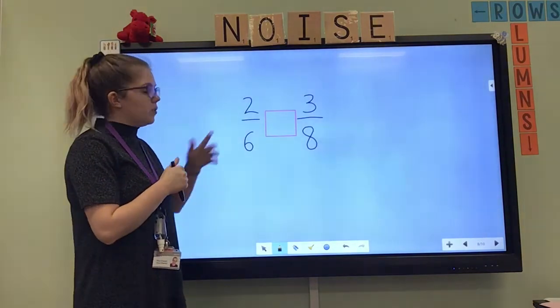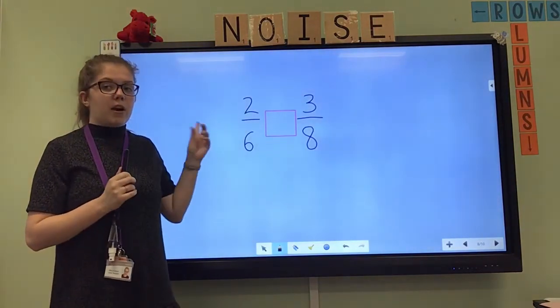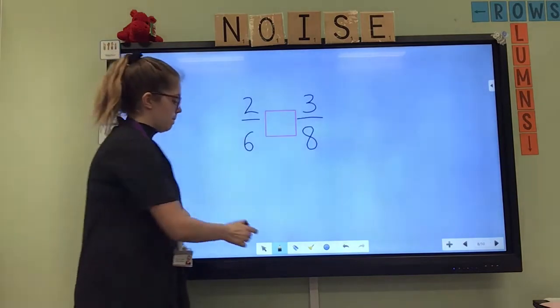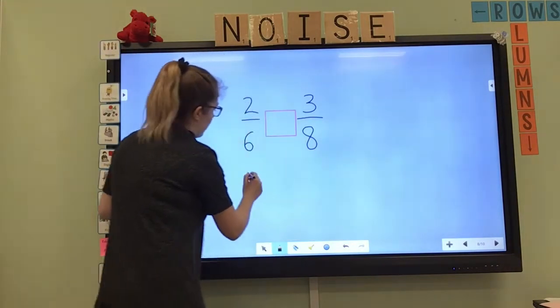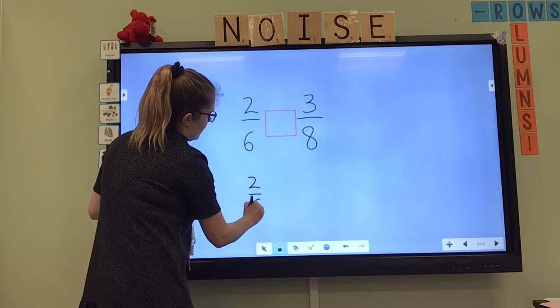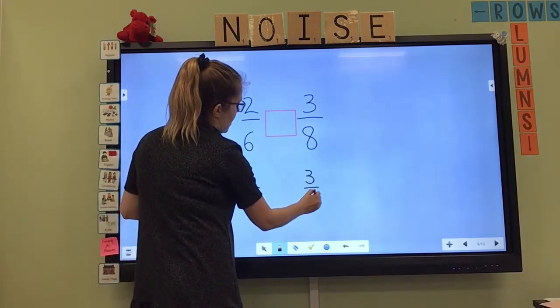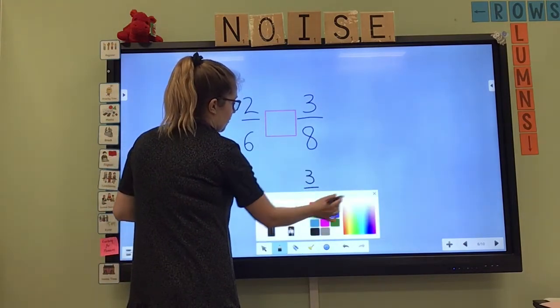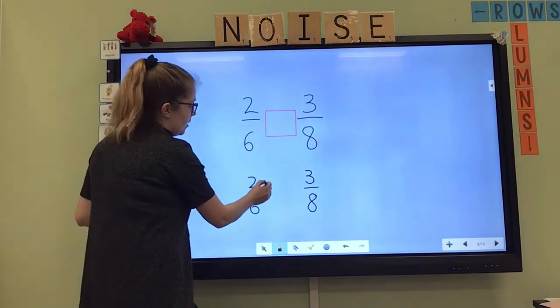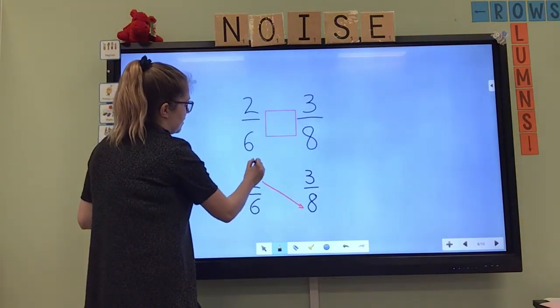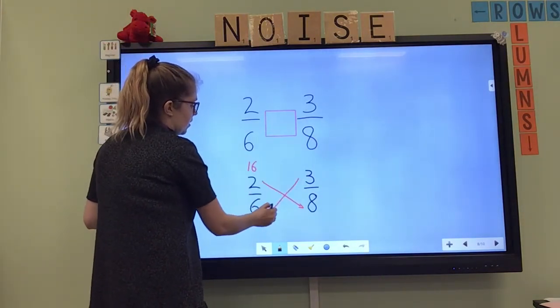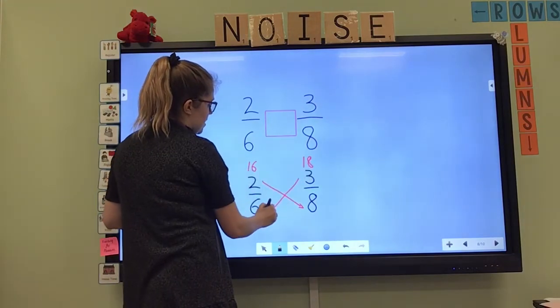So pause the video. Can you compare these two fractions? Which is bigger? We've got 2/6 and 3/8. I can do my 2 times 8, which is 16. And I'm going to do 3 times 6, which is 18.